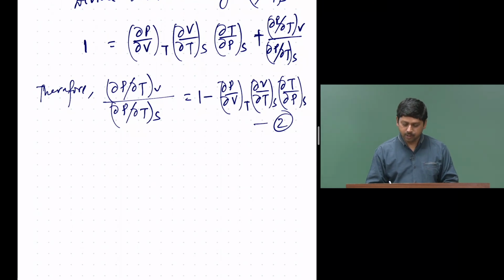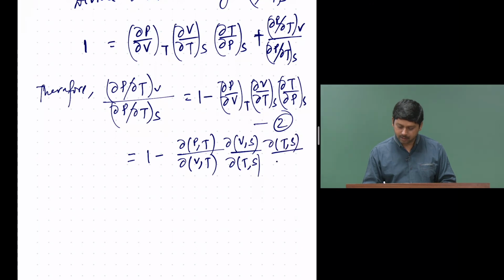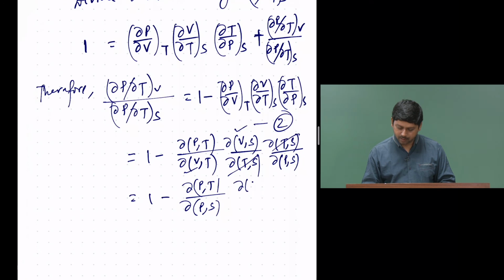Now, I can continue, that is equal to 1 minus del P_T del V_T, del V_S del T_S, del T_S del P_S. You see how easy it becomes. T_S cancel, leaving us 1 minus. Now, we can combine P_T and P_S, so del P_T del P_S, and we can combine V_S and V_T.